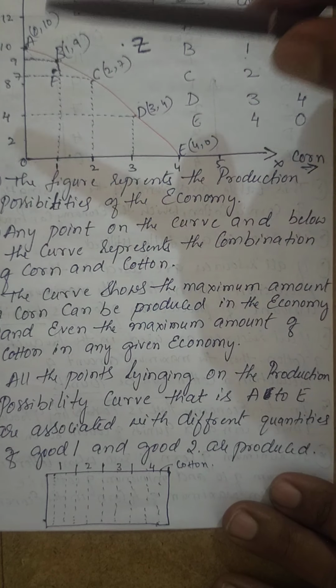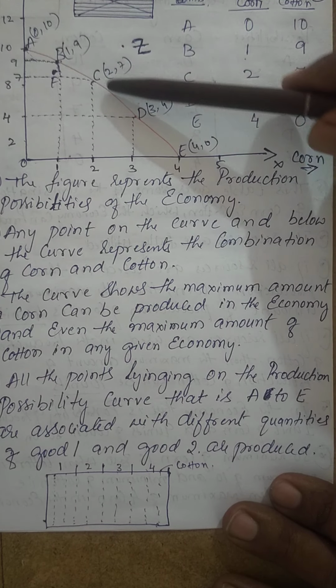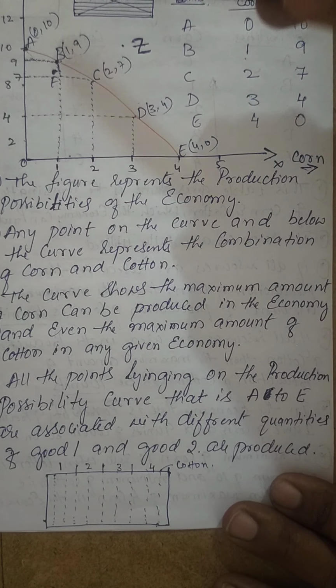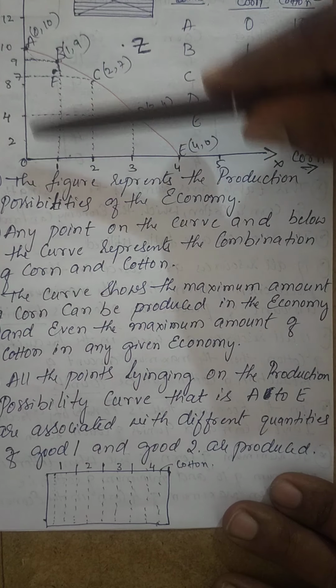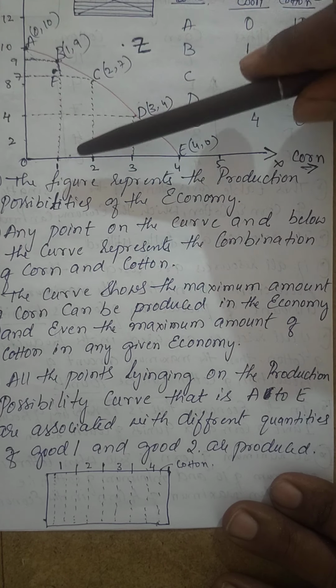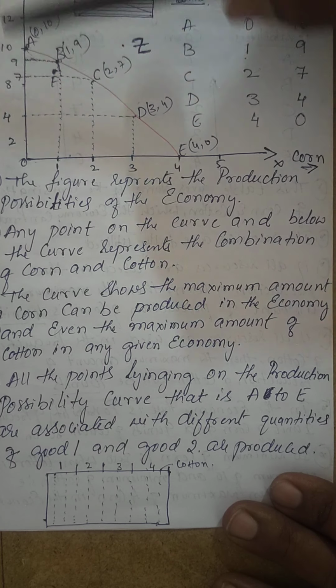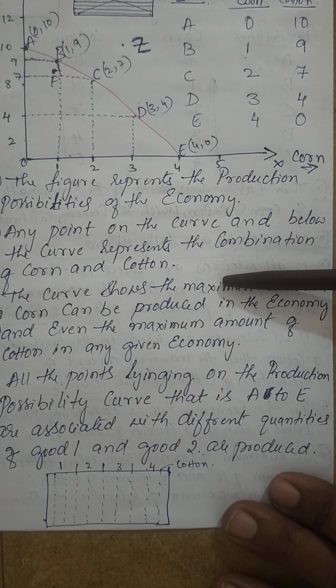Can you observe here? Any point here, A, B, C, and also below the curve is this, above the curve is this. Above the curve is cotton, below the curve is corn. So this is what is happening in the combinations.